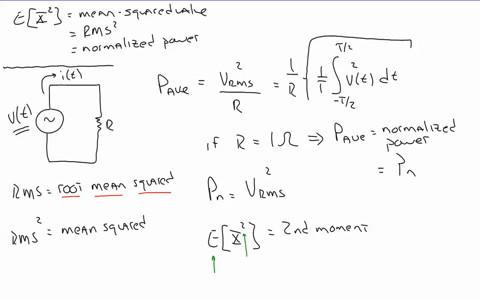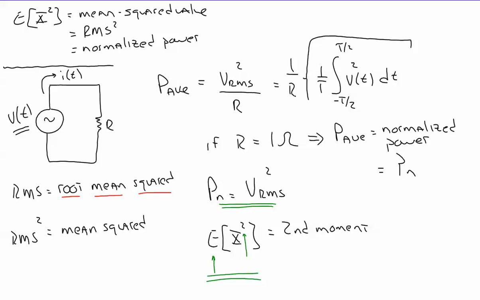And you'll notice that down here, I'm not dividing by resistance, in the same way that right here I'm not dividing by resistance. Sometimes my random variable x is maybe a voltage signal or a current signal.